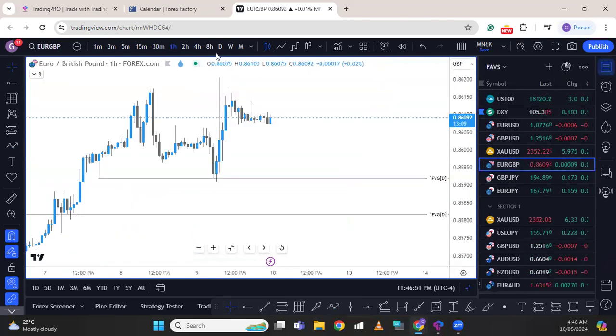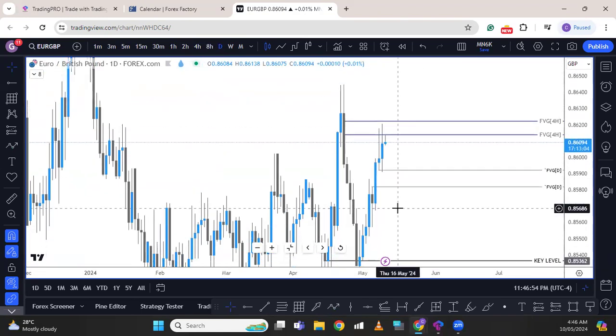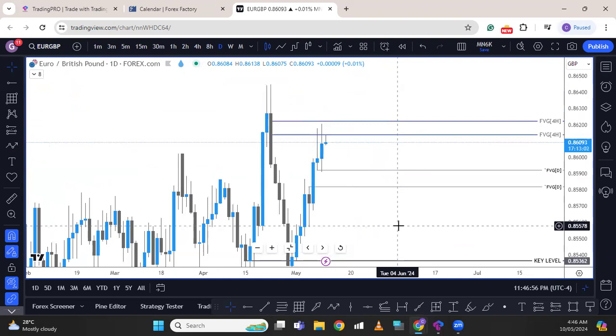The EURGBP is still bullish for now, but it seems to be drawing back on its momentum. So what's the implication of this? If it should start to draw back on the momentum, that is going to give pound strength.